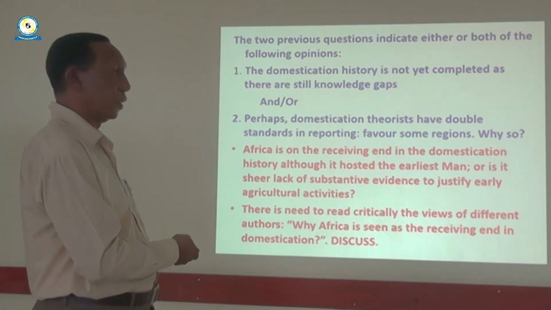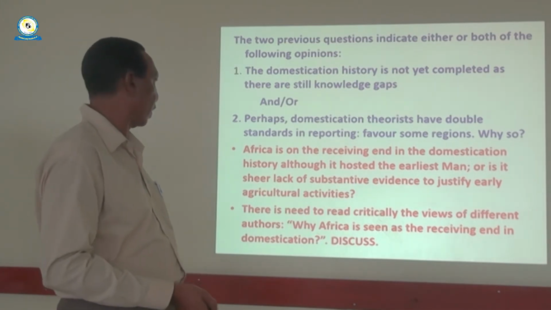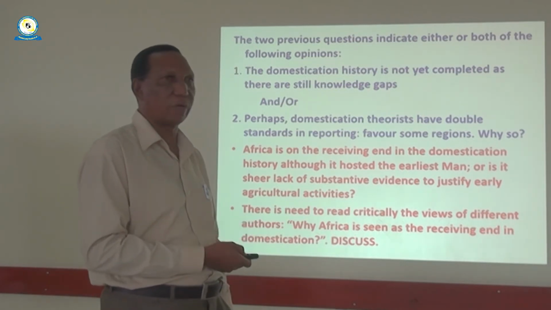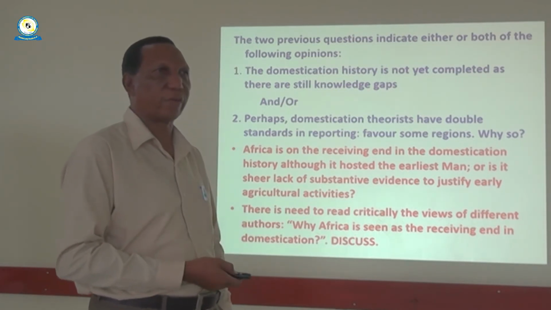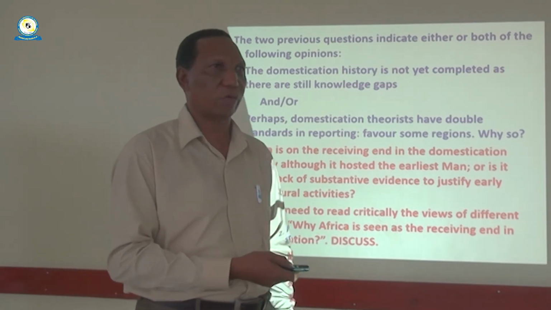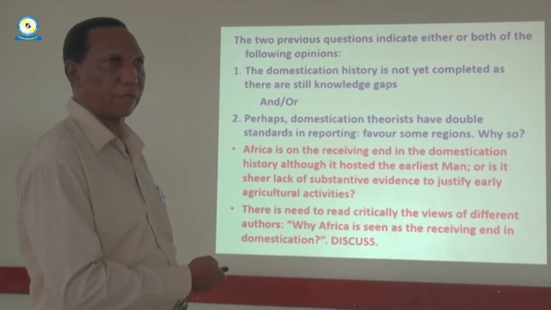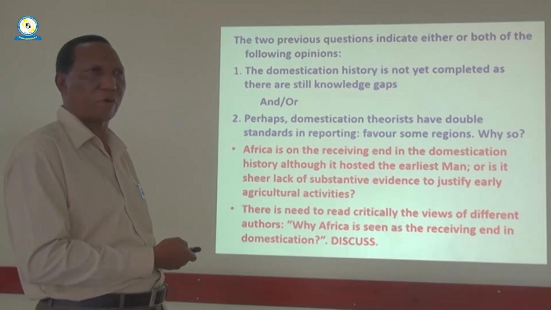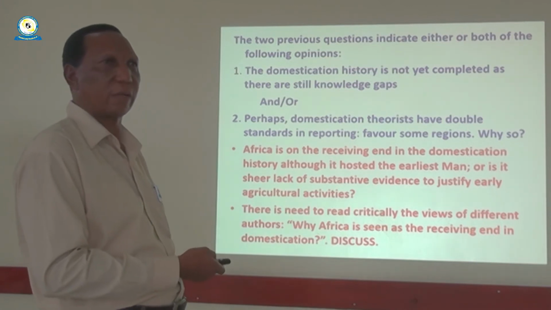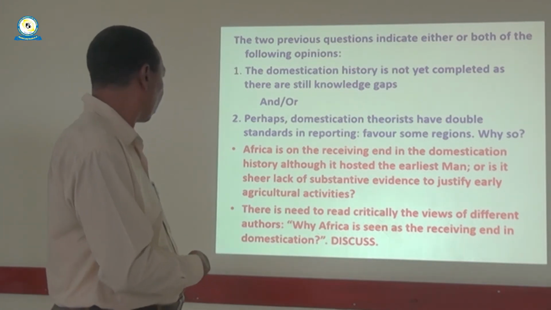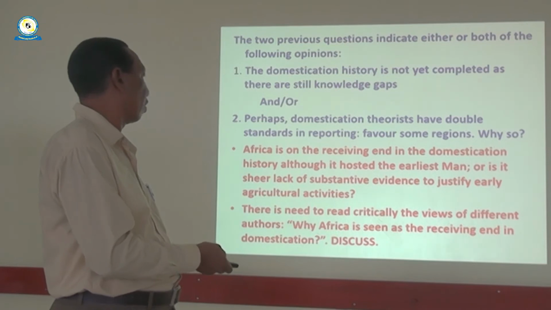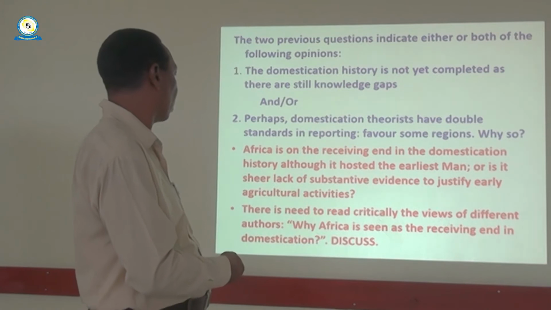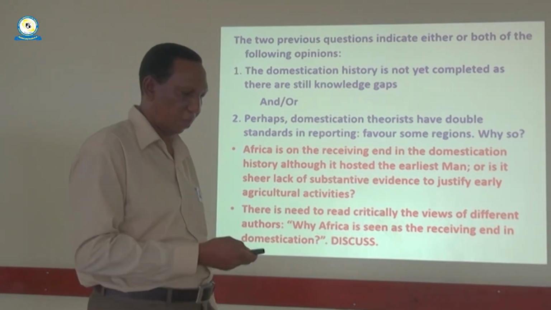Because Africa is seen on the receiving end, while we know there was cotton growing in West Africa, even an industry of spinning cotton. We have the Monomotapa kingdoms and others. So there was development, there was some kind of crop domestication, but it is not recorded. So there is a need to read critically and review different authors on why Africa is seen as the receiving end in domestication. You can discuss this.